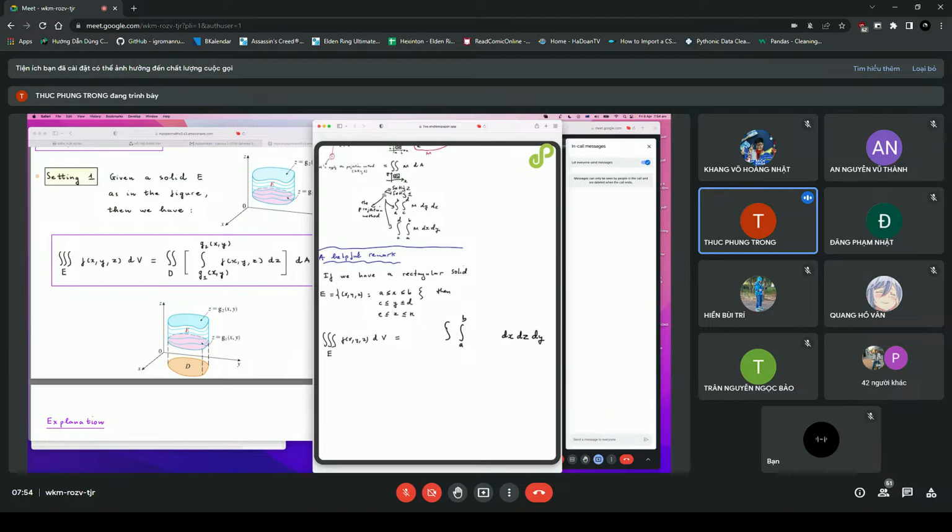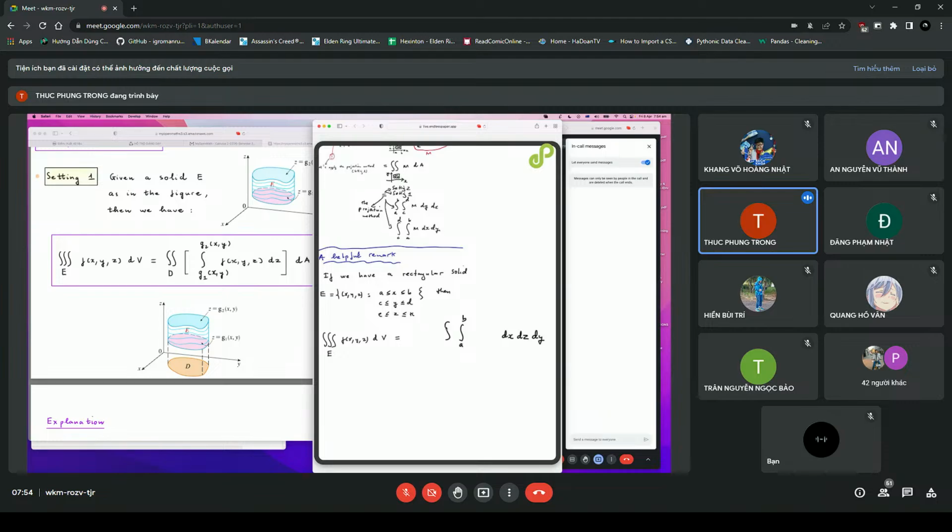Let's say you would like to have a different order. Let's say this time you would like to have dy, dz, and then ds. No problem. You can write this one as it's still equal right here. If this is dy, then you should write cd right here. So we have cd for dy, right?